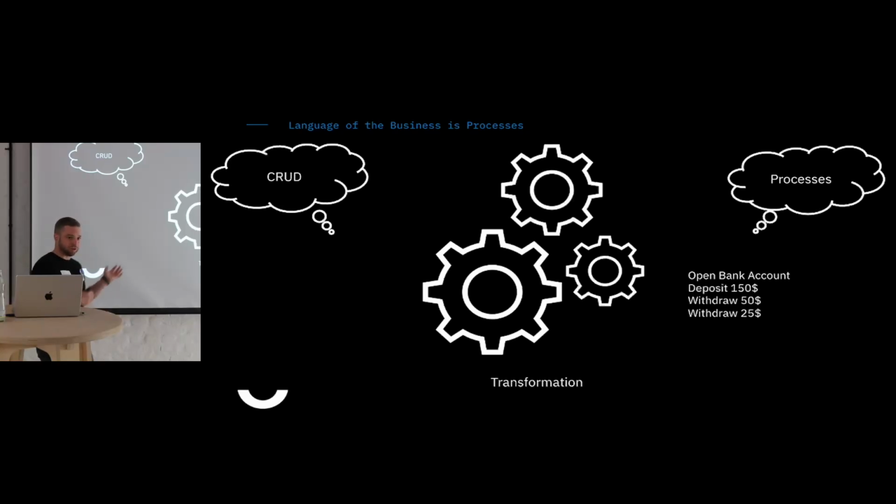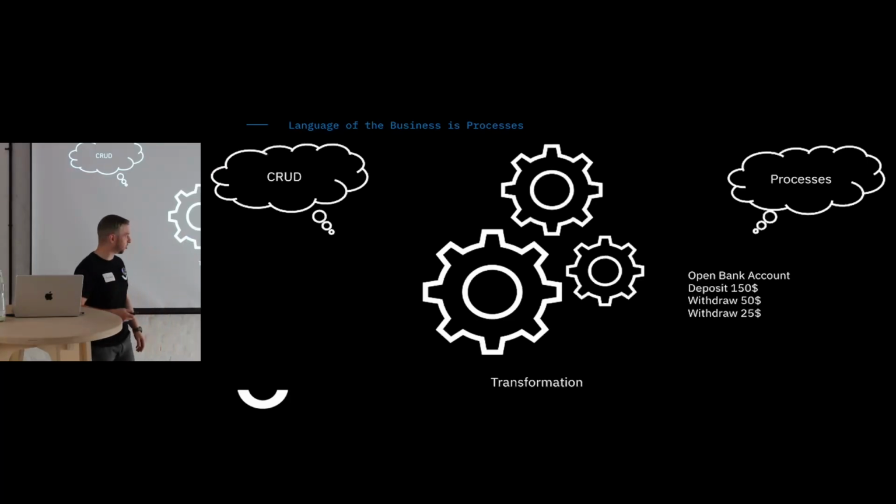So now we are switching into another example, and we will stick with this example for the rest of the talk. It's about banking. So we consider a bank account, and when the business is talking to us, they usually say, okay, we want to open a bank account, we want to deposit money, and we want to withdraw money from the bank account.